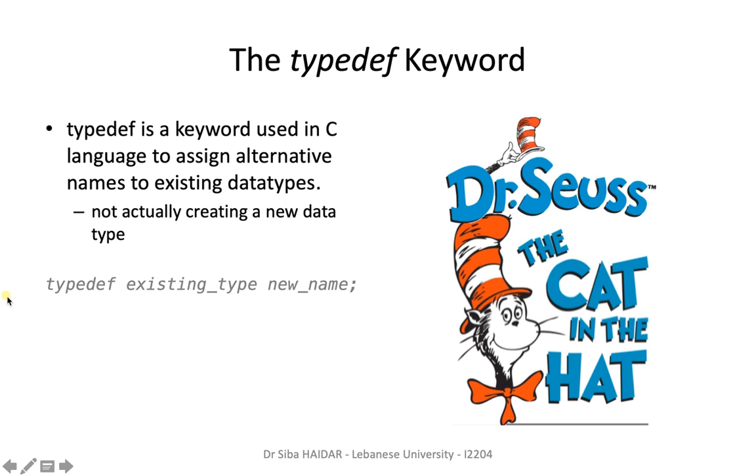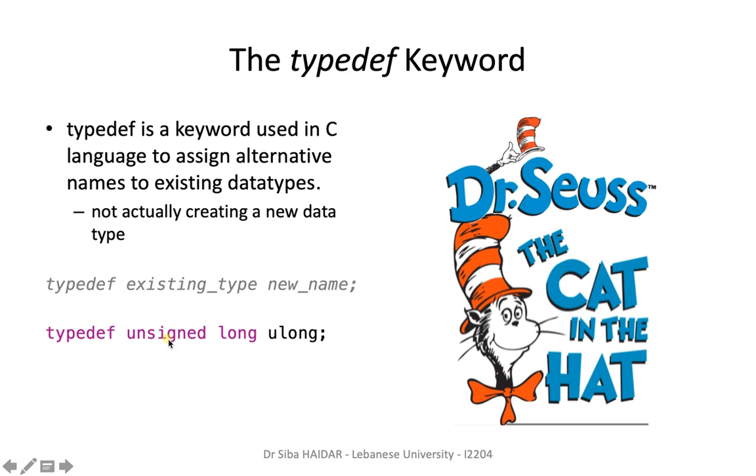The syntax is typedef, existing type, new name, semicolon. For example, typedef unsigned long ulong, semicolon. So ulong is a name now that can refer to unsigned long. You can define the field phone in our structure employee.